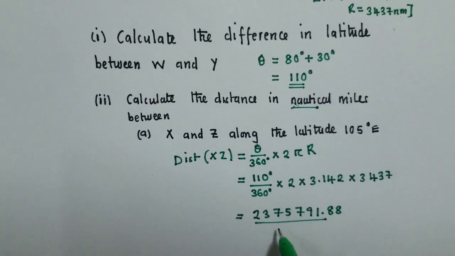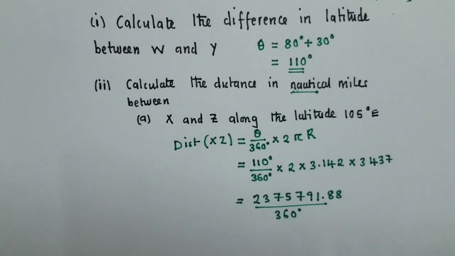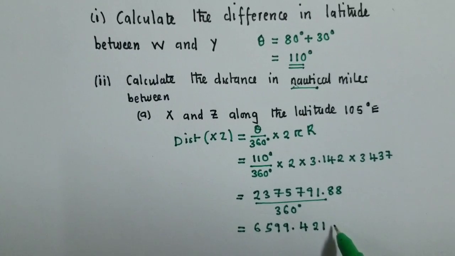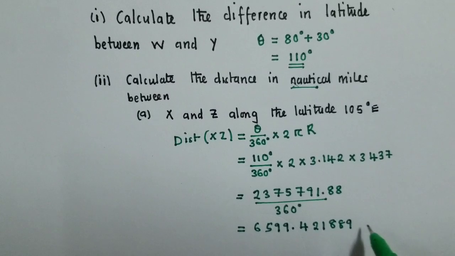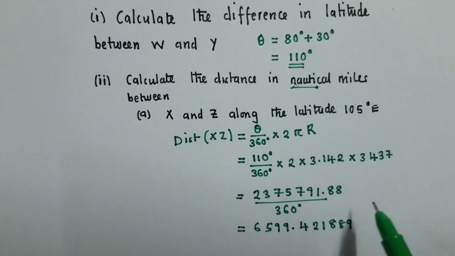Then we say over 360 degrees. So when we punch on our calculator, we are getting our answer to be equal to 6,599.421889. So this is where people make mistakes.